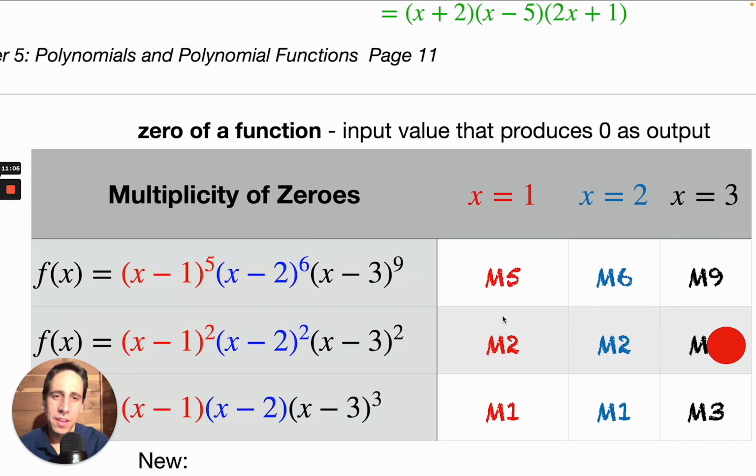In this new version of this similar polynomial, the 0 of 1 has a multiplicity of 2. The 0 of 2 has a multiplicity of 2. And the 0 of 3 also has a multiplicity that you can find in the exponent of this particular factor right here.